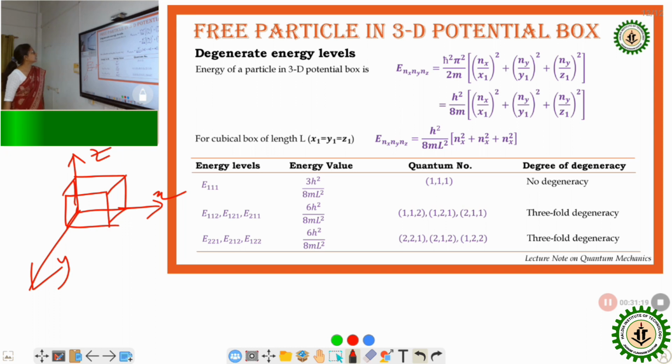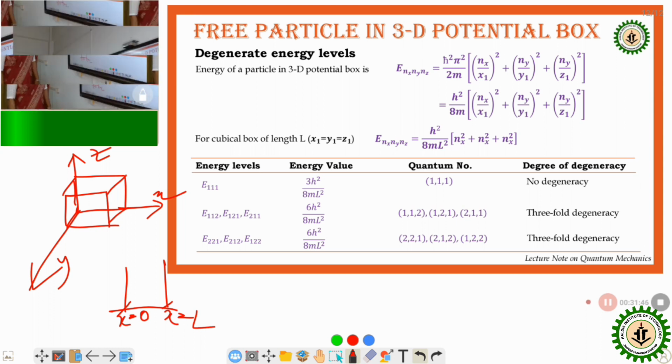Just before, we have used only one dimension, that means only the x direction, x equals L here and here. But here we are using three dimensions: x, y, and z.